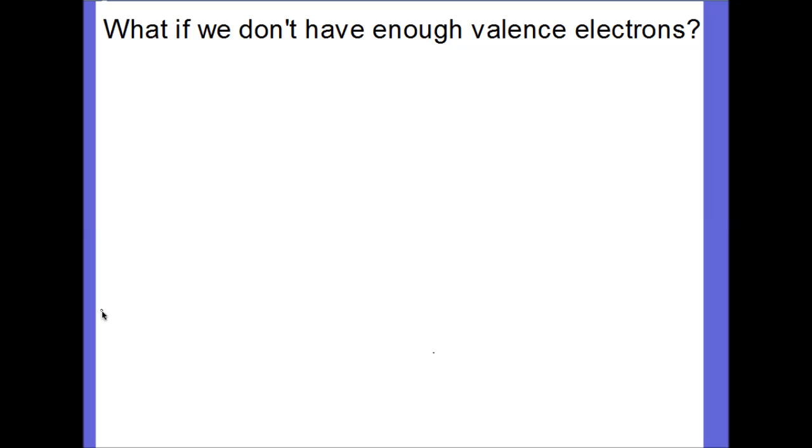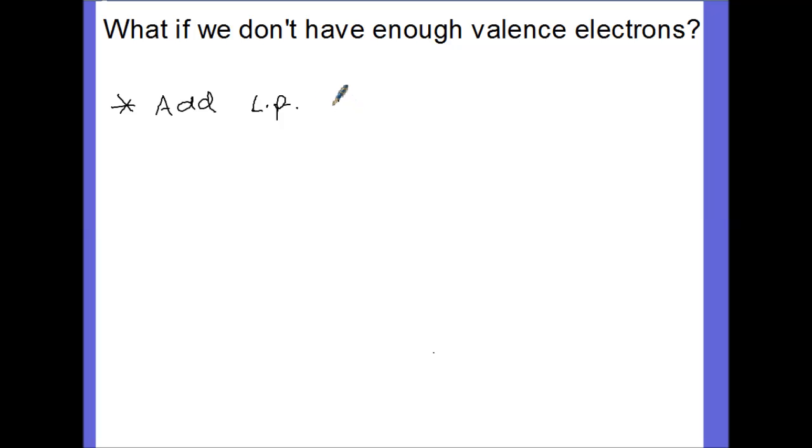One of the common questions is, when we talk about coordination numbers 5 or 6, or 5 or 6 groups around the central atom, what happens when we don't have enough valence electrons? If this happens when you draw your Lewis structure, what you're simply going to do is add lone pairs. Remember, LP stands for lone pairs.